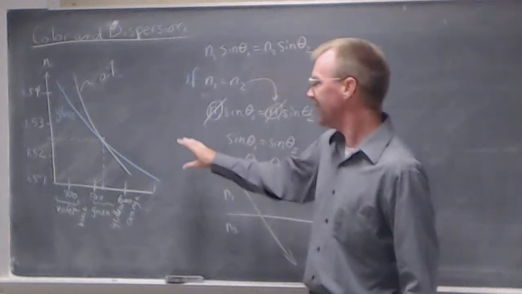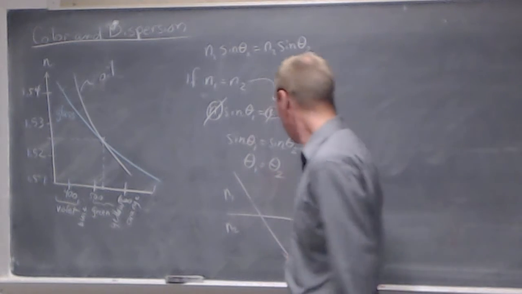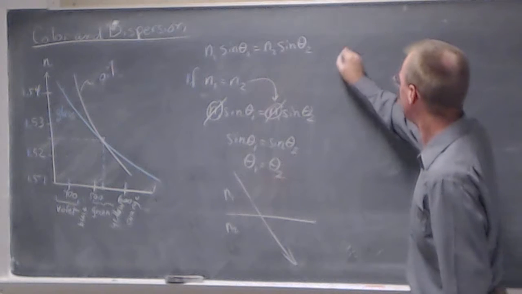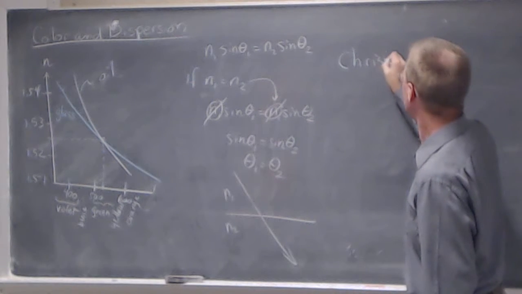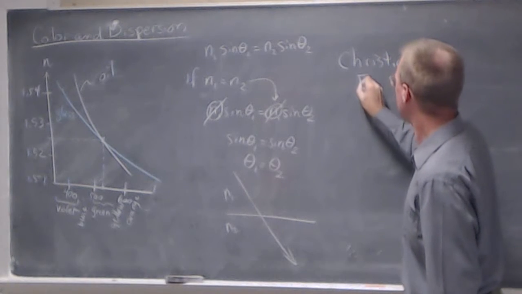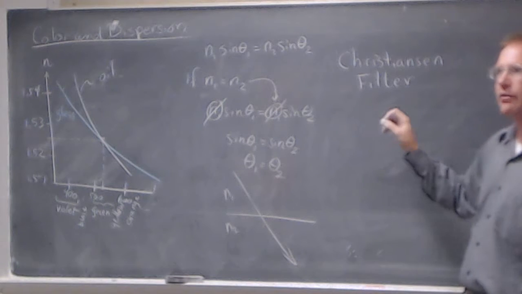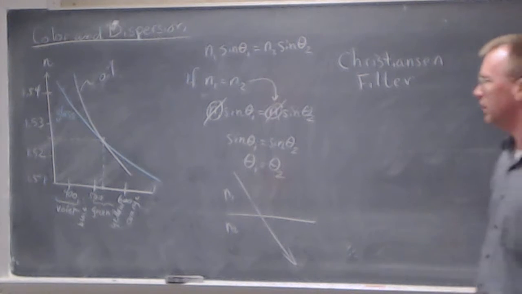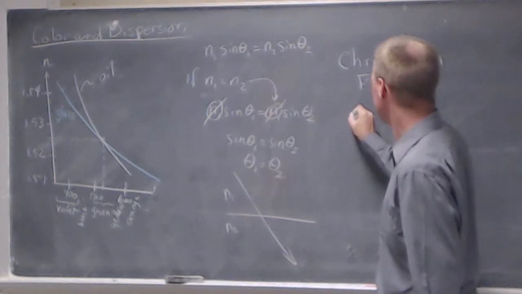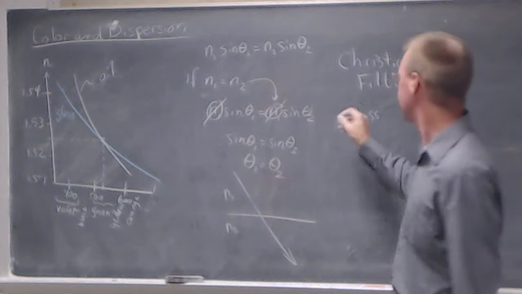You can use this fact to build a really intriguing color filter called the Christiansen filter. So you take glass and you pick a certain kind of oil that has the same index of refraction as the glass at the wavelength you want. Actually, you use crushed glass.